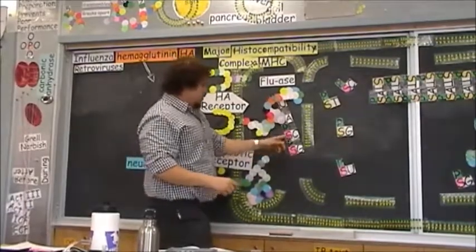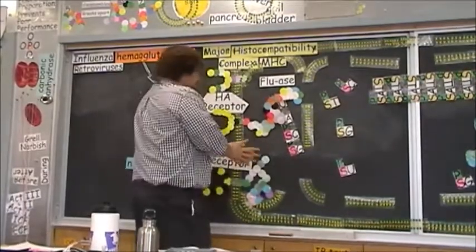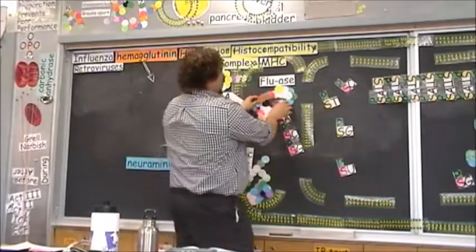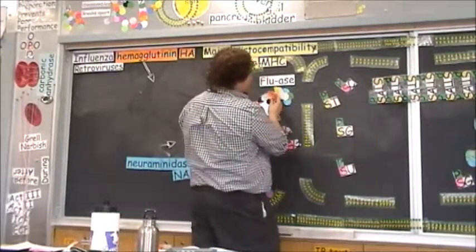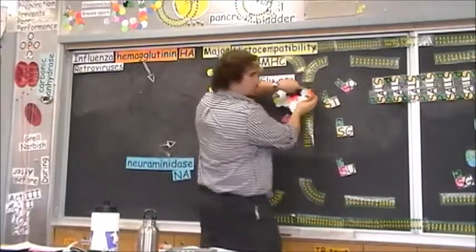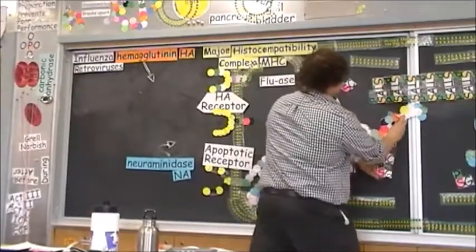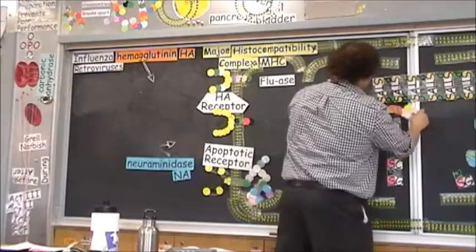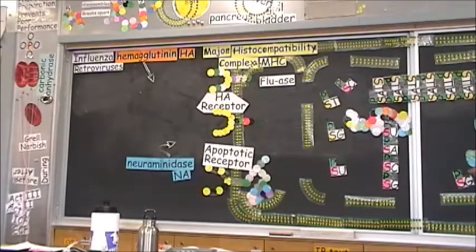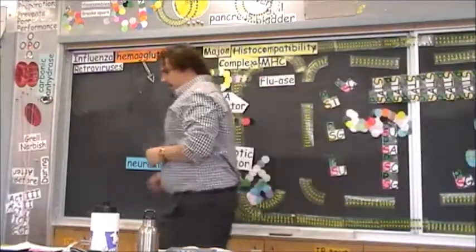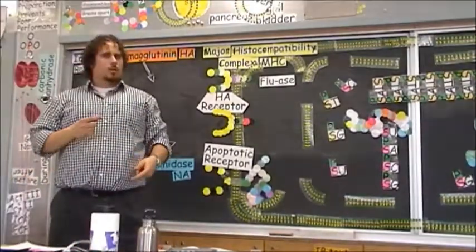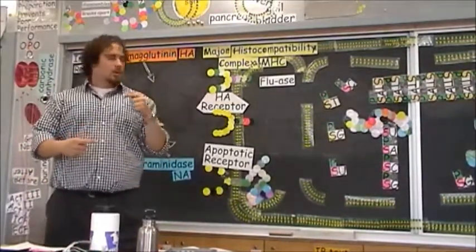The fluase will transport itself and the viral RNA through the nuclear pores, through the nuclear membrane and into the nucleus, which has enzymes such as fluase. Because what fluase does is it reversely transcribes that RNA.